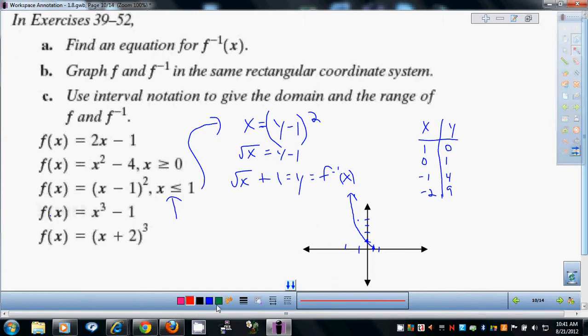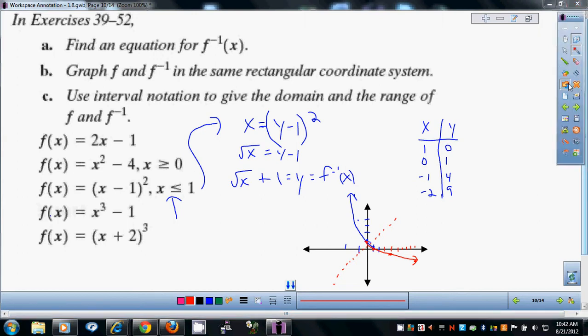What's the easiest way to graph my inverse? Switch the coordinates. So that becomes (1, 0), which it already was. (0, 1) is going to stay the same too. (4, -1). And (9, -2). Connect the dots. Now you can draw in your little imaginary symmetry line if you want to better see it. Does that look pretty symmetrical? I think it looks pretty good.